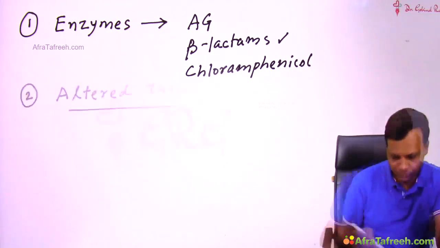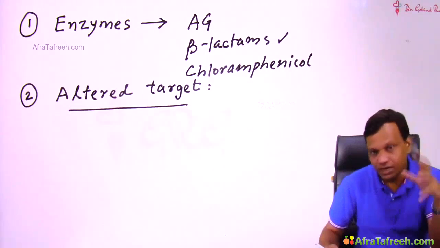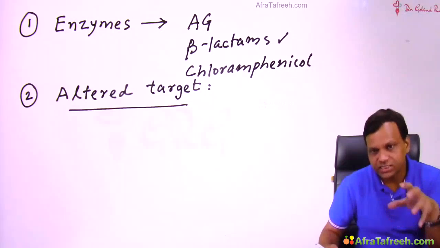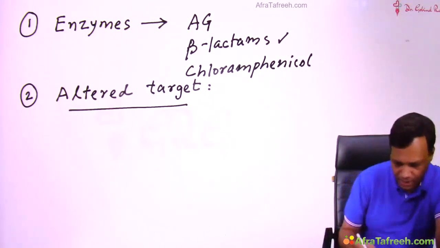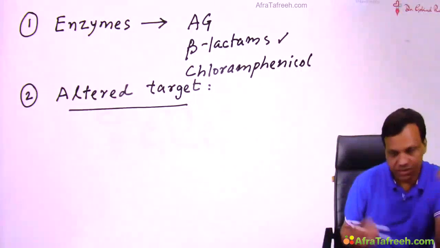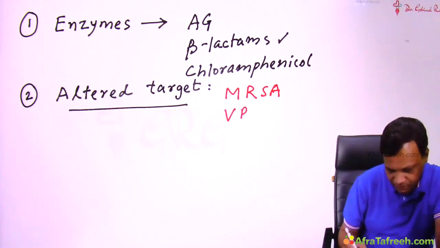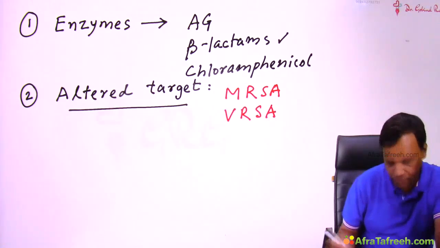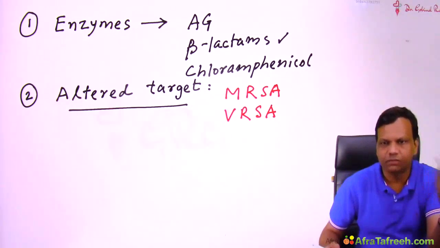Another method of development of drug resistance is that the bacteria may change its target where the drug was working. It may alter its target, and this type of drug resistance is most important in case of MRSA and similarly VRSA. In MRSA, the bacteria change the penicillin binding proteins.